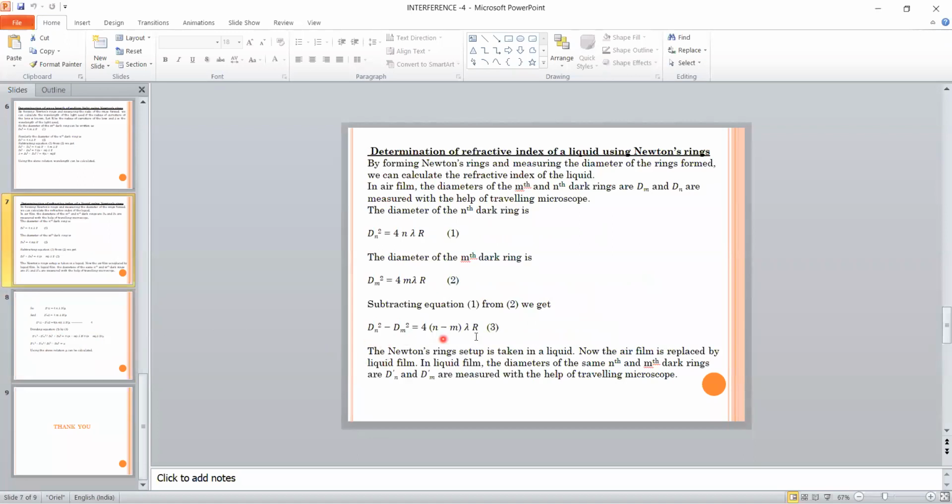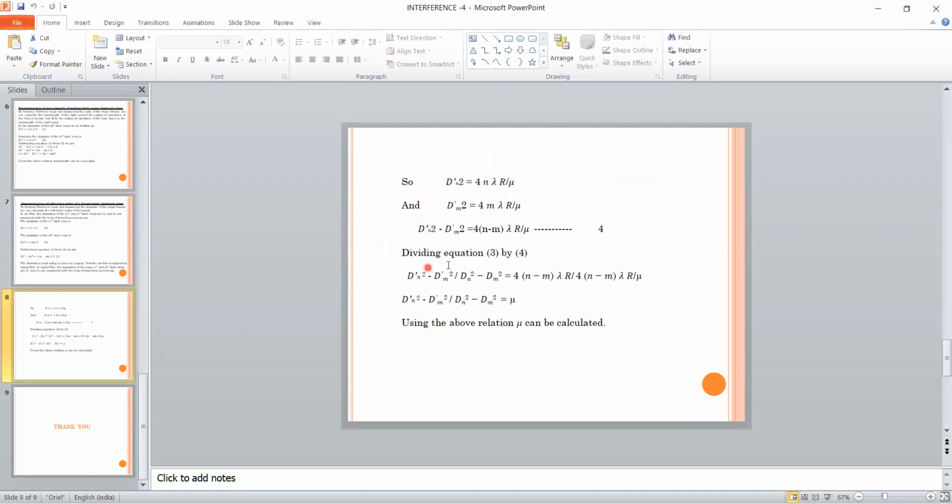So this is the expression D n square minus D m square is equal to 4 into n minus m lambda r, in case of air as a medium, air film. The same formula will be changed in case of liquid as a medium having some refractive index mu. It changes to D n square minus D m square is equal to 4 into n minus m lambda r by mu.